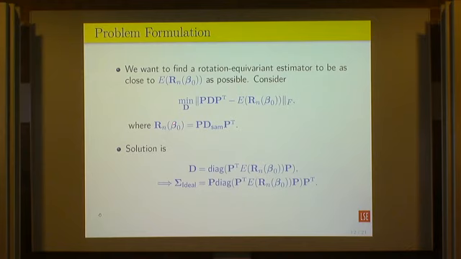Here, assuming beta naught is known, we can find an eigen decomposition, and this P is the eigenvectors of this eigen decomposition. If we solve this problem, then we can easily find what minimizes with respect to D. So this D will be all the diagonal values of this quadratic form here.